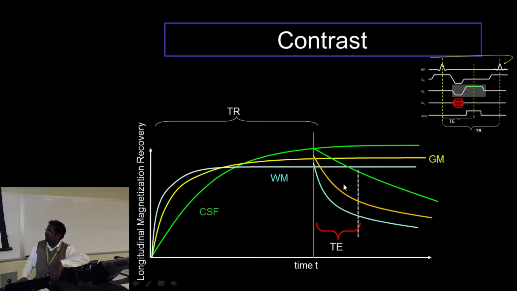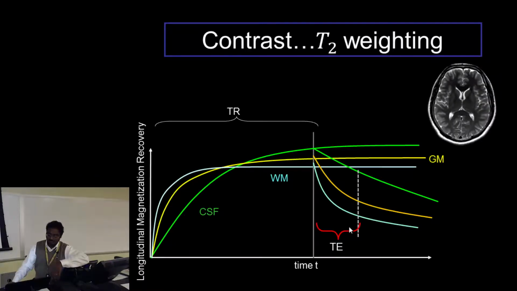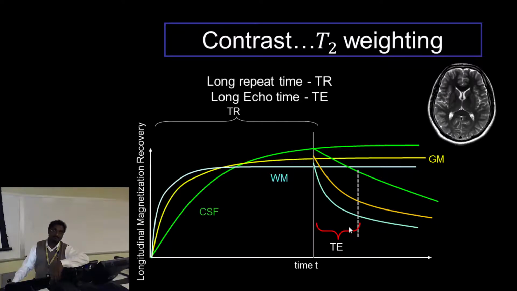You want to see the difference in the decay curves between different tissues. So essentially for T2 weighting, the condition is long TR and long TE. Long TR makes sure that there is no T1 weighting, and long TE is to get the T2 weighting. Okay.